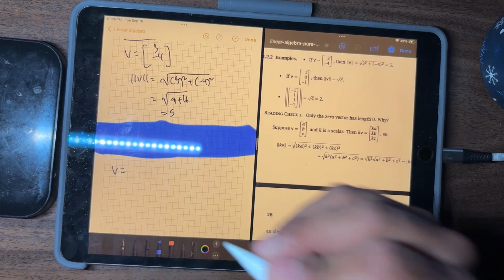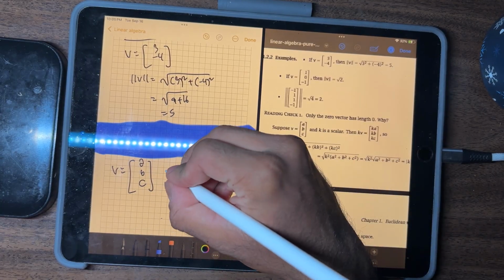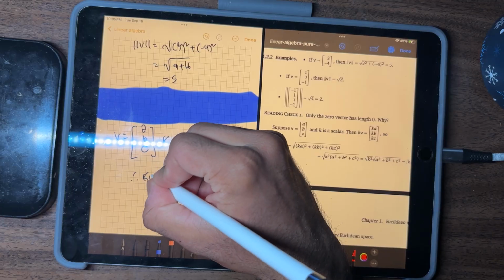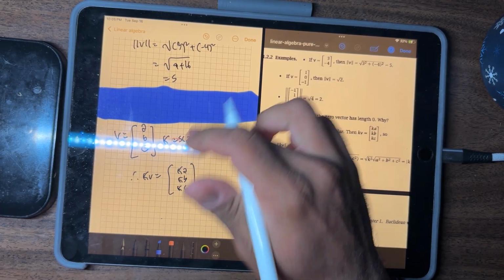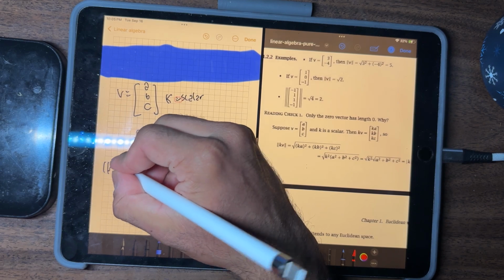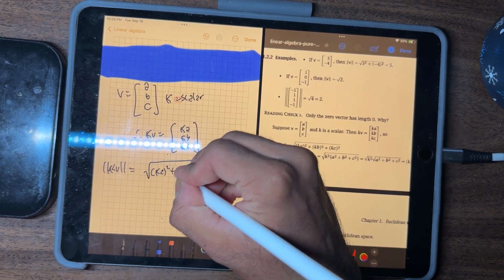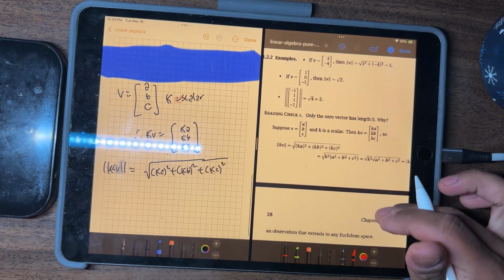So suppose v is ABC and k is a scalar, and kv would be ka, kb, kc. And so simply if I were to do the magnitude of kv, I'd simply have the root of ka square, kb square, kc square.